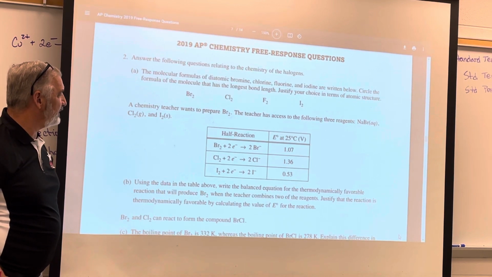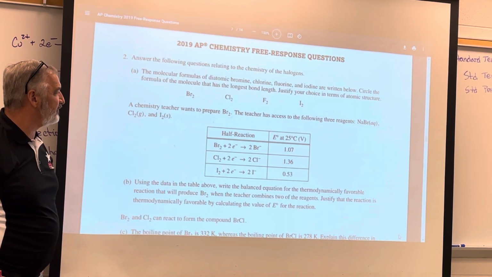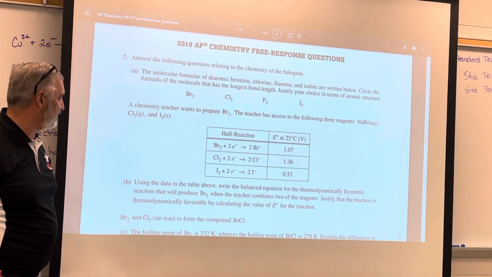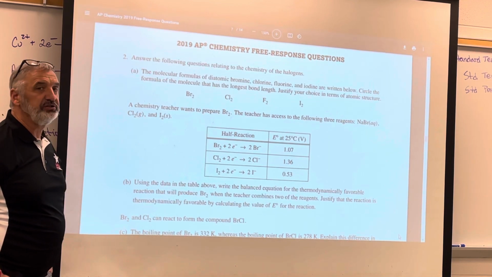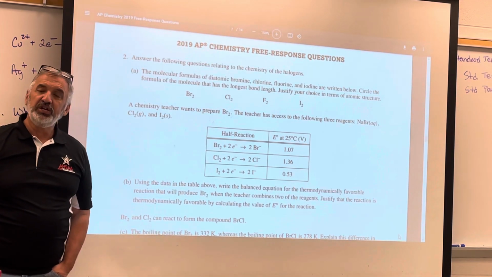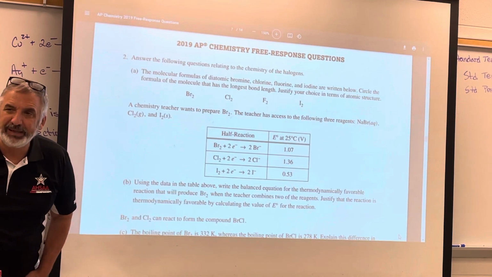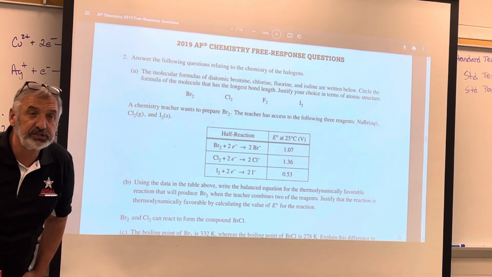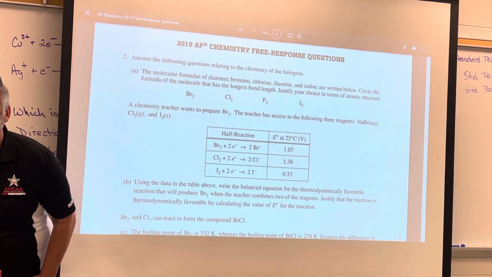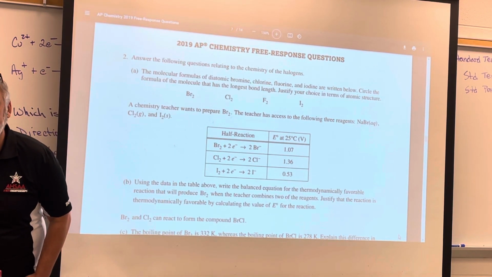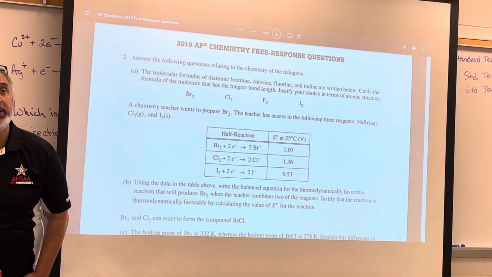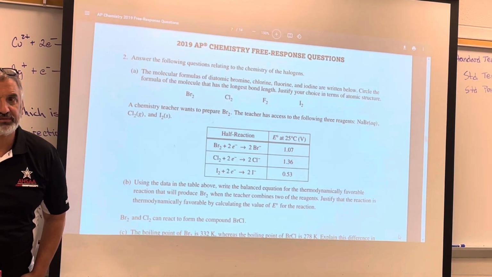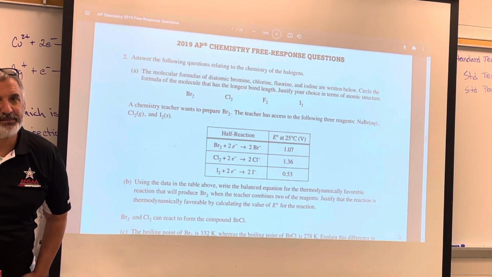Using the data in the table above, write the balanced equation for the thermodynamically favorable reaction that will produce bromine. So if we want to produce bromine, what equation on the three there produces bromine? The top one, but doing what? Going backwards, right?